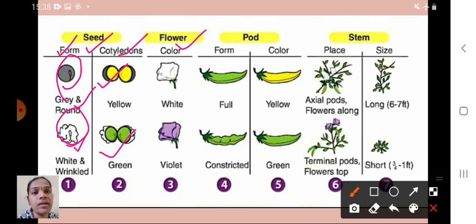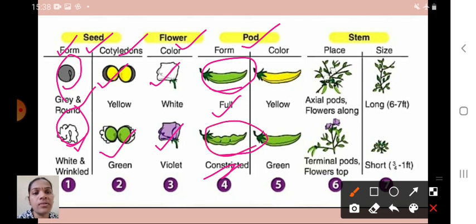Next one is the flower of the pea plant: one is white and another one is violet color. Next one is pod. I hope you might have seen this one. This one is full form, and this one is constricted. The pod color is also one yellow and another green.